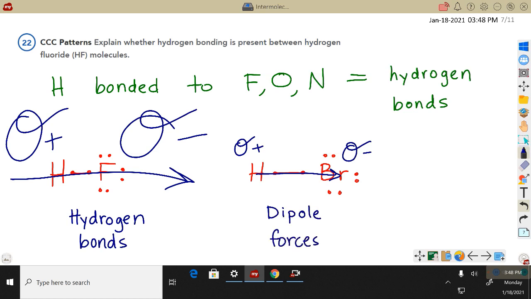It's all about the extreme difference in electronegativities. Poor little hydrogen bonded to FON, that poor hydrogen, his electron is really strongly pulled over to the FON. They're the most electronegative elements on the entire periodic table.